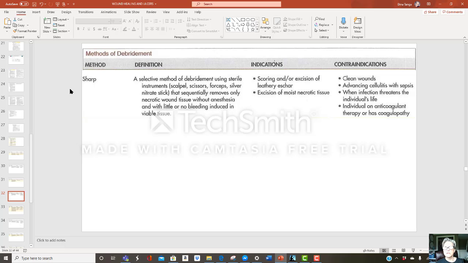Indications: scoring and/or excision of leathery eschar, excision of moist necrotic tissue. Contraindications: clean wounds, advancing cellulitis with sepsis when infection threatens the individual's life, individual on anticoagulant therapy or has coagulopathy.